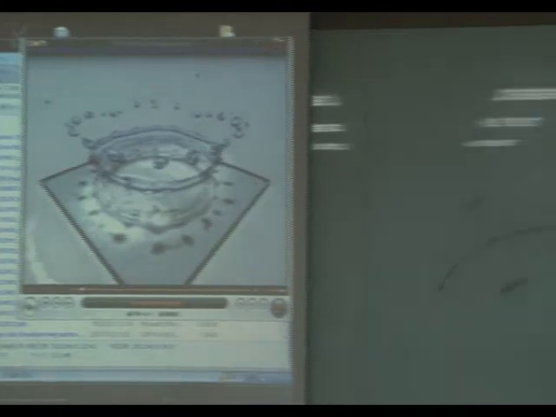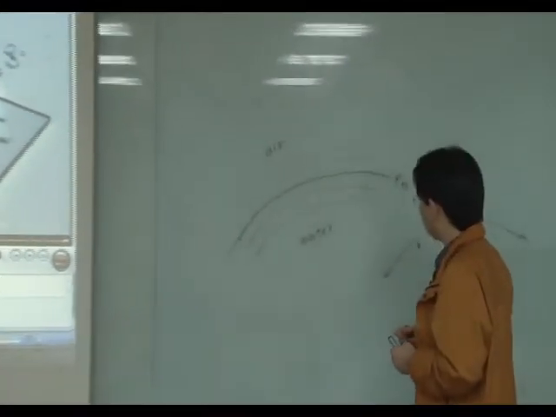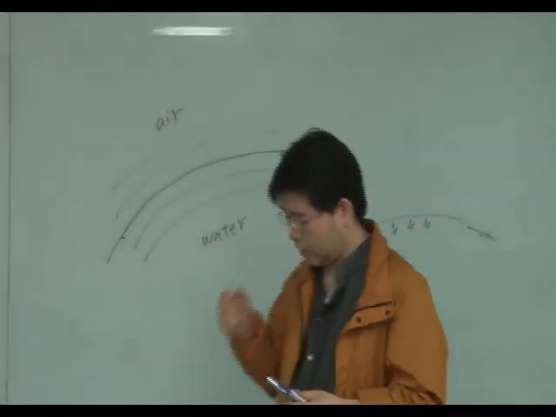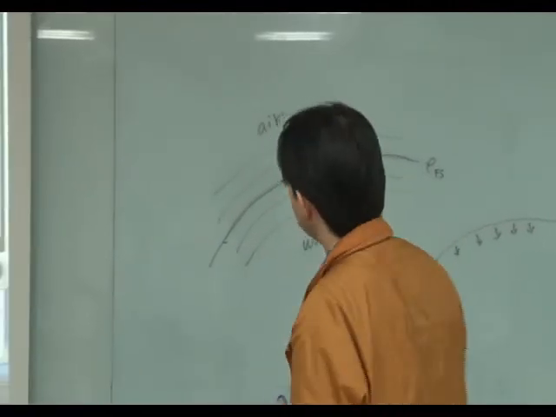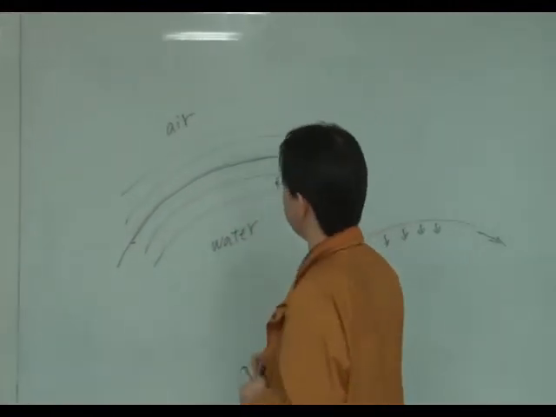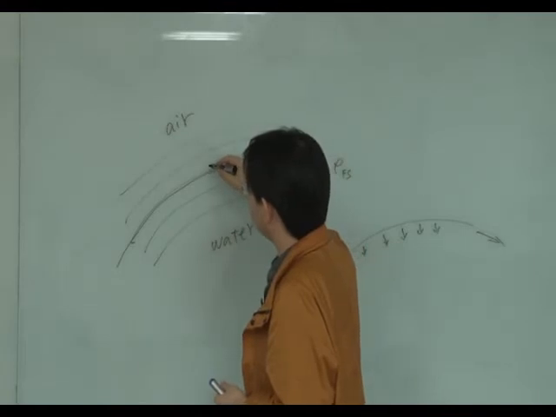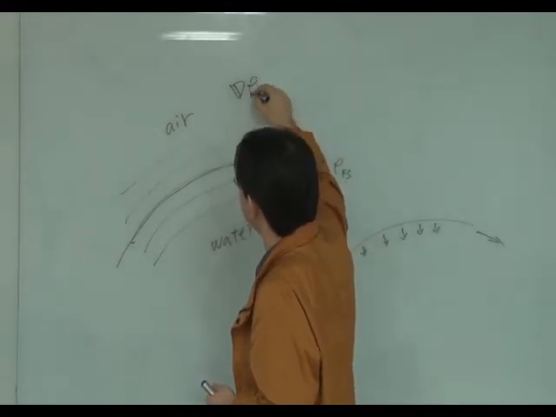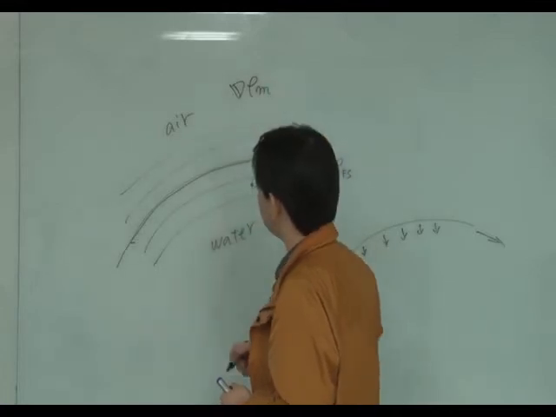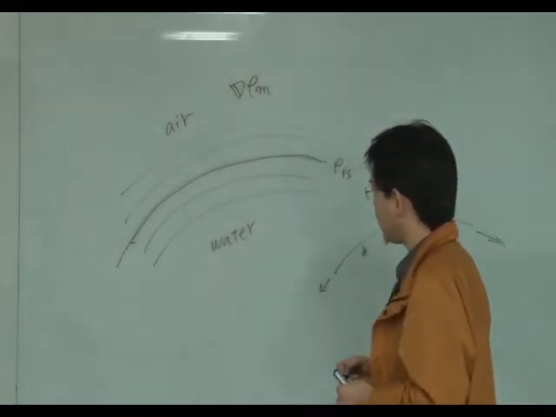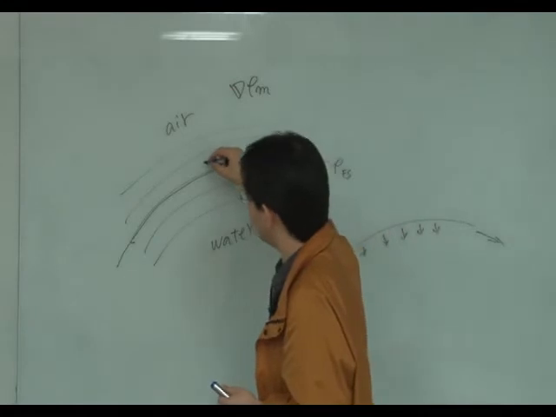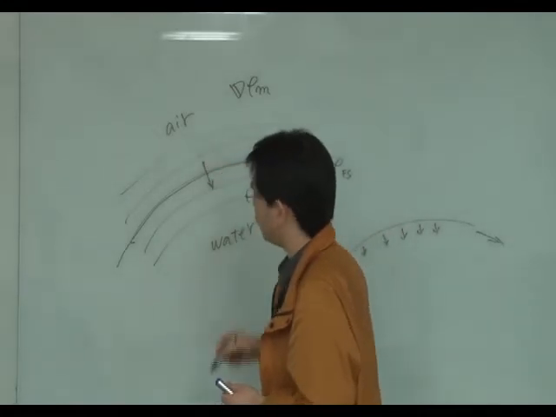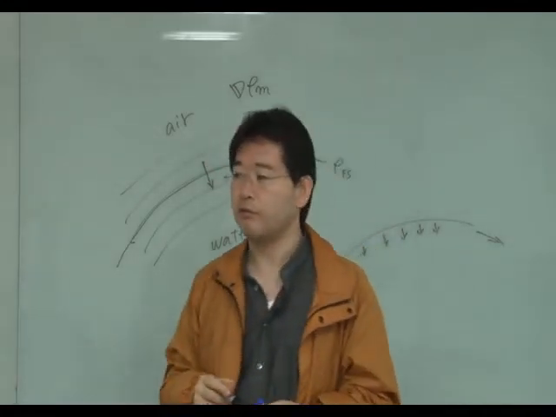So to calculate the free surface tension effect, the gradient of the marker density, gradient rho m, provides the normal direction of the free surface.